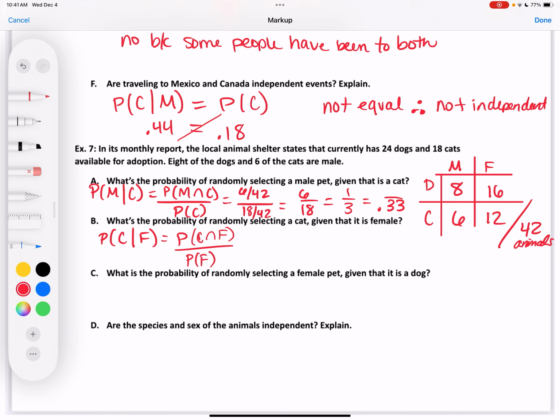So cat intersected with female is 12. Technically 12 out of 42, but since I know the fractions are going to cancel, I'm just going to write it as 12, over the probability of female, there are 28 females. So 12 out of 28, which gives us 0.43.